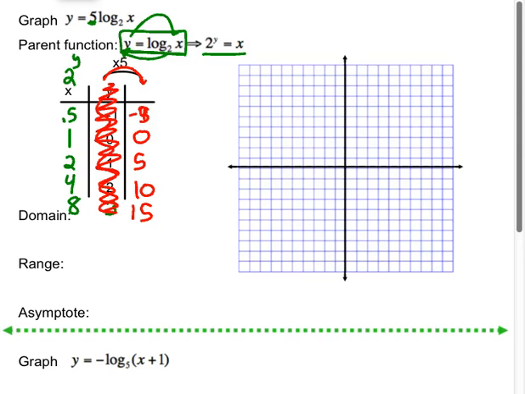So recall, that's how you handle any stretching. And now I have those points to plot. So 0.5, -5, 1, 0, still the same, then 2, 5, and 4, 10. And then obviously this last one is off my graph, so it just stays as is.